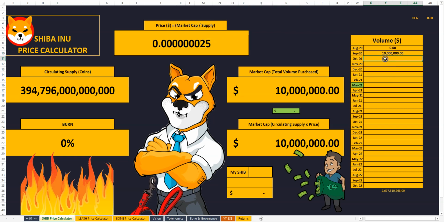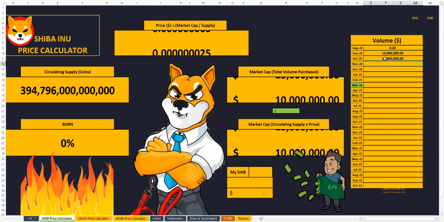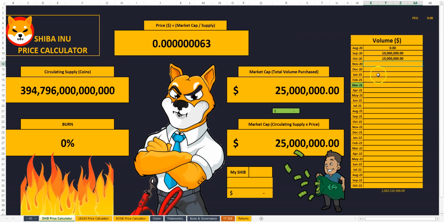In October, let's say 15 million. So at this stage, the market cap has increased to 25 million, and the circulating supply obviously remains the same, but our price has increased to 63 Satoshi units.